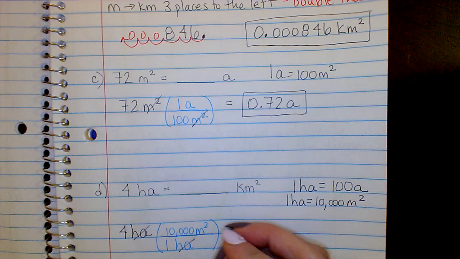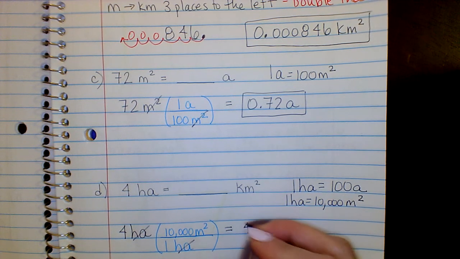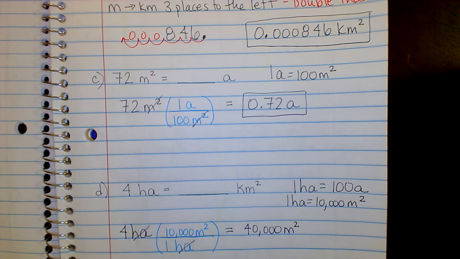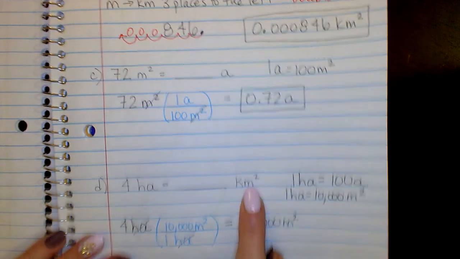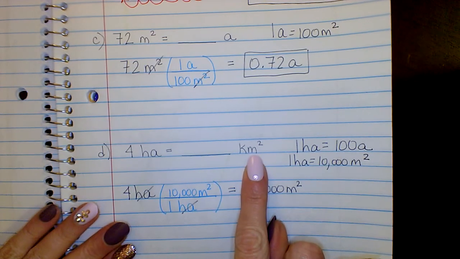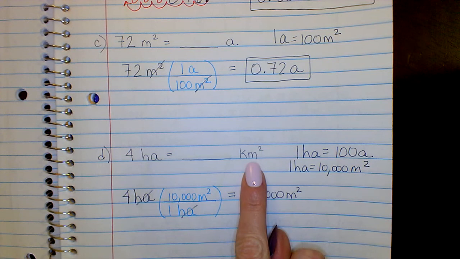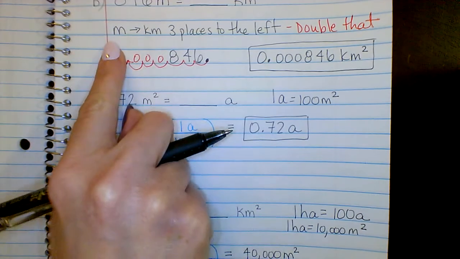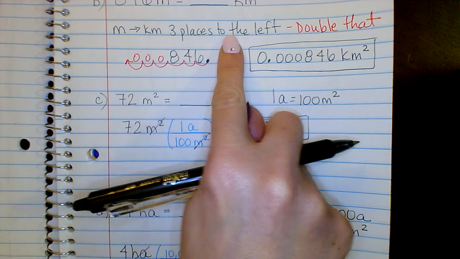Okay, so this is going to be 40,000 square meters. I still need to get it to square kilometers. So I'm going to need to use the stair steps. Now remember up here, when we went from meters to kilometers, we went 3 places to the left and then had to double that.